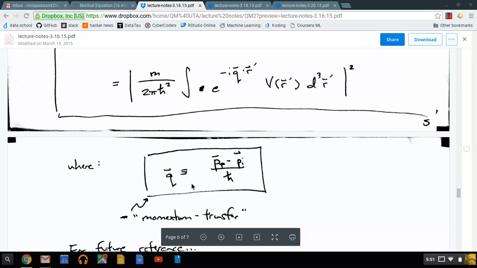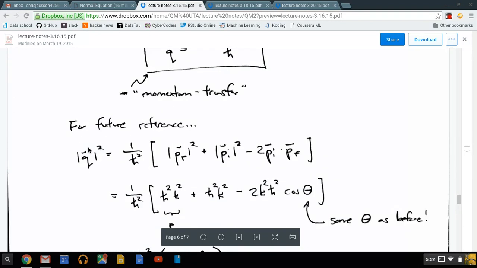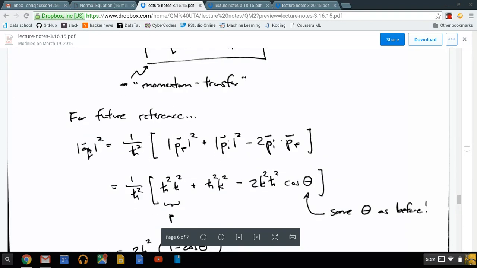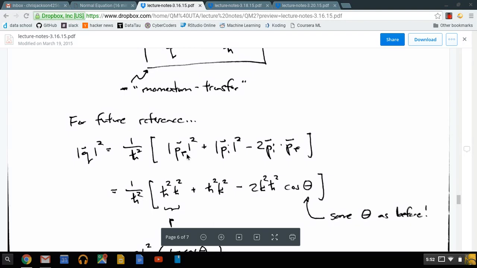So here's where we can go ahead and compute at least the magnitude of this thing by computing q squared. And just plugging in this expression, I would get the magnitude of pf squared plus the magnitude of pi squared, and then minus twice the dot product. The dot product, well, first, these guys, the pf squared and the pi squared, are the same, right?